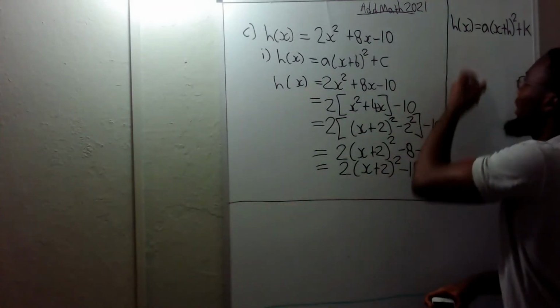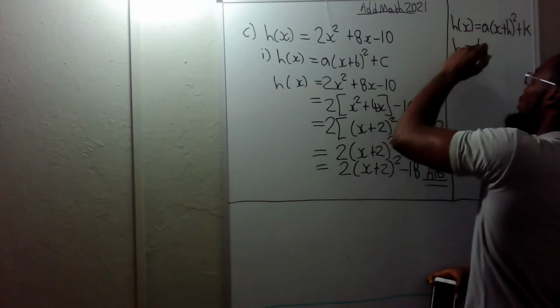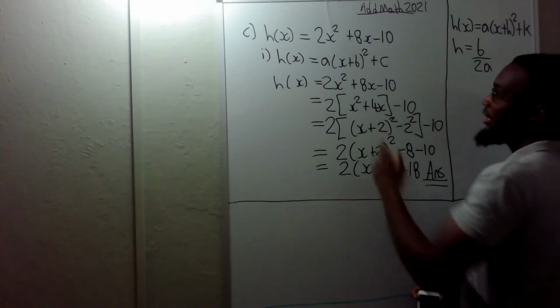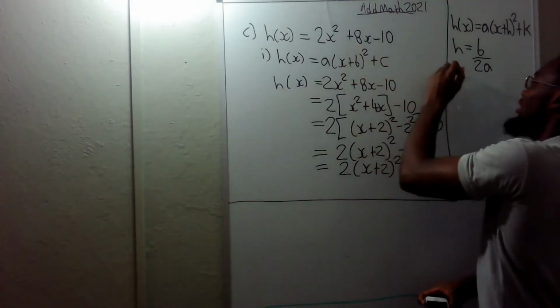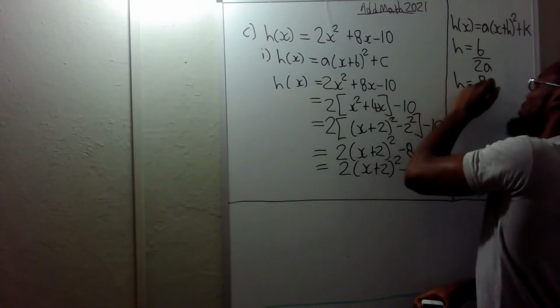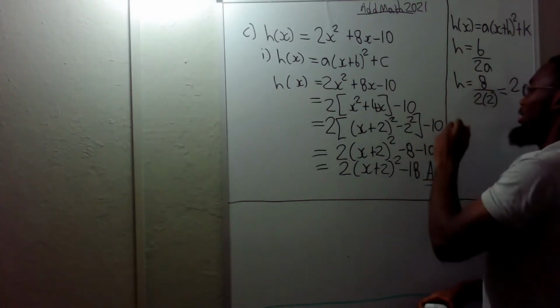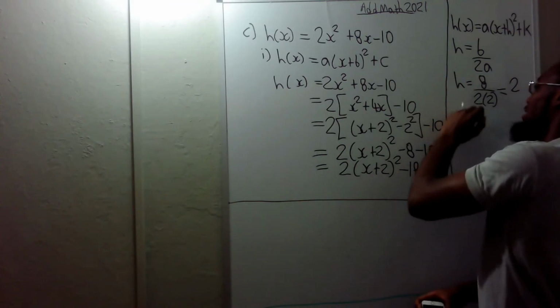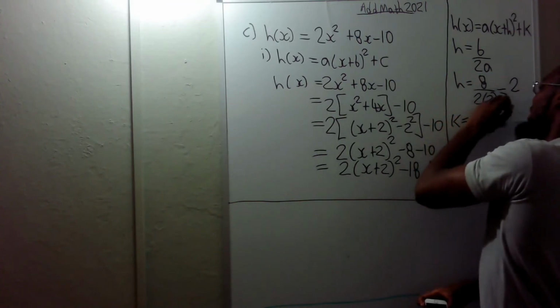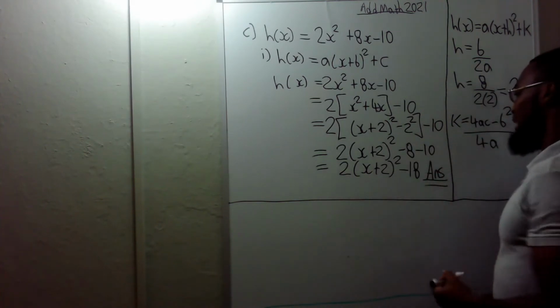From that, they tell you that h is equal to b over 2a. b is what? b is 8. So h is 8 over 2 times 2. 8 over 4 is 2. Then they tell us that k is 4ac minus b squared over 4a. That's what they tell us is k.